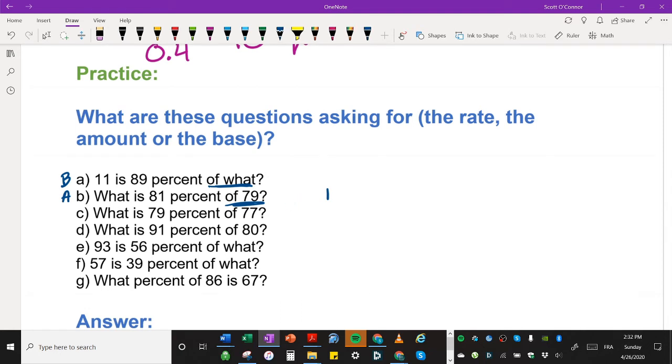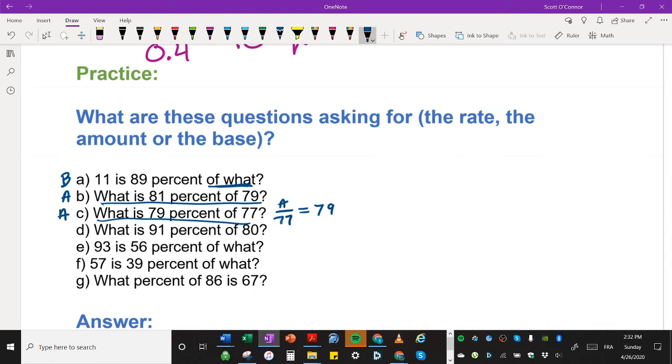Let's try the next one. C: what is 79% of 77? Can you see how they're exactly the same structure? Based on that, we could do the fraction again really quickly. 79% of 77. We're trying to find the amount.